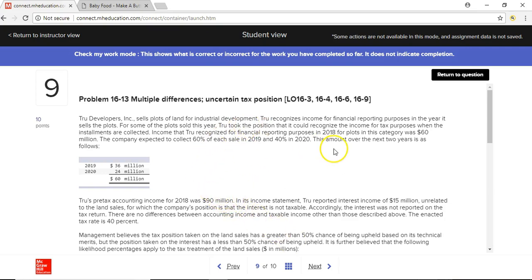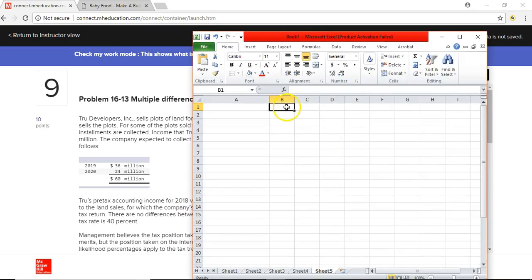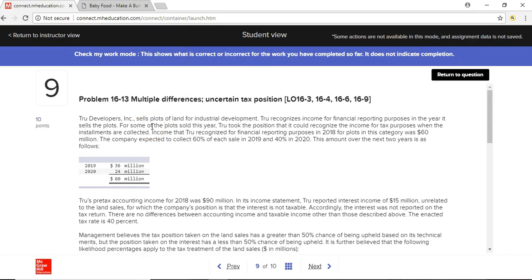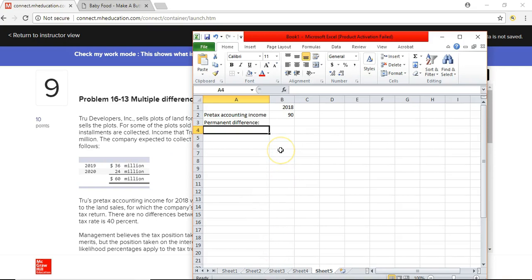So here, the pre-tax accounting income is $90 million. So in 2018, pre-tax accounting income, $90 million. We have one permanent difference. When the company purchased municipal bonds, the interest income from municipal bonds is not taxable.